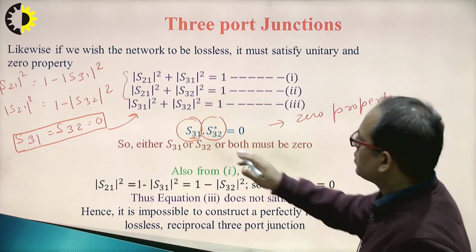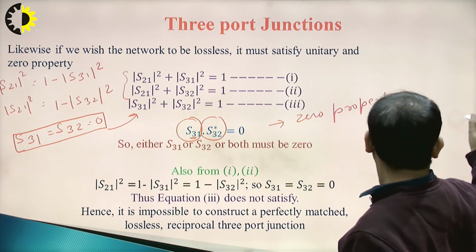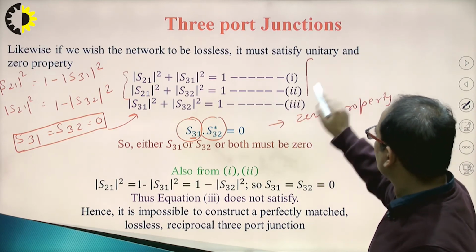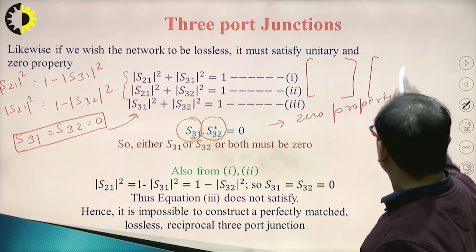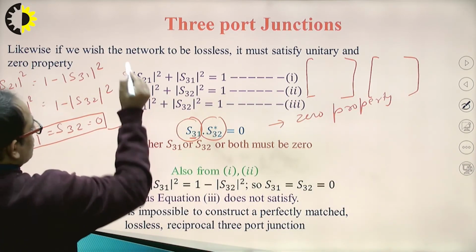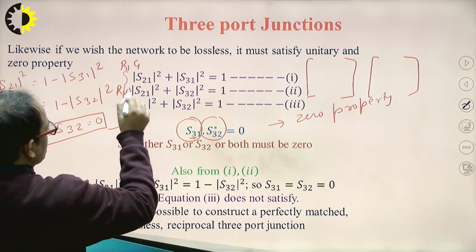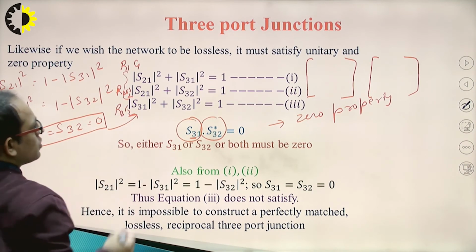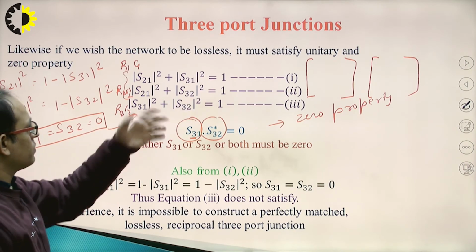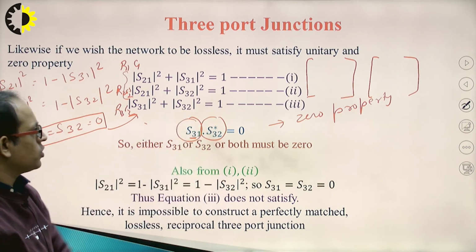Clear? So now see, when I said this is an S matrix, on multiplying both the equations, R1 into C1, R2 into C2 and R3 into C3, you will get S21 square plus S31 square will be equal to 1, S21 square plus S32 square equal to 1, S31 square plus S32 square equal to 1.